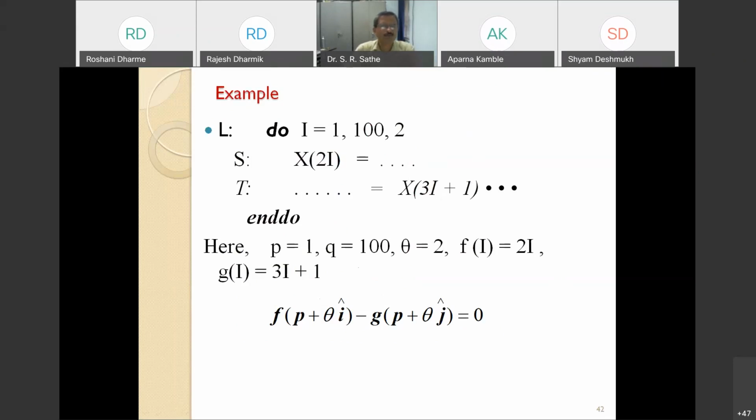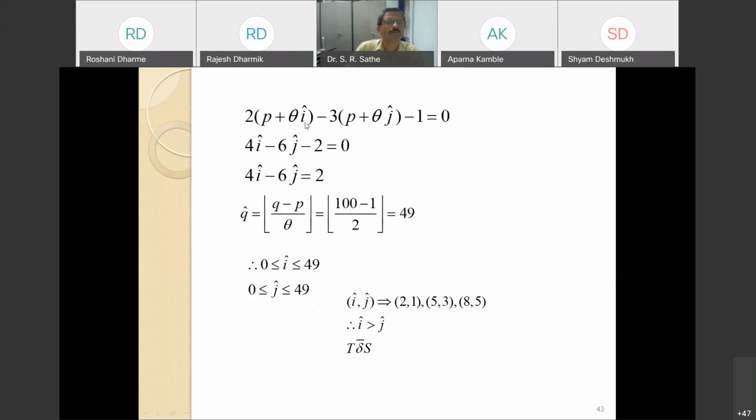That is, f of (p plus theta I caret) minus g of (p plus theta j caret) equals 0. So 2 into (p plus theta I caret) minus 3 into (p plus theta j caret) minus 1 equals 0.